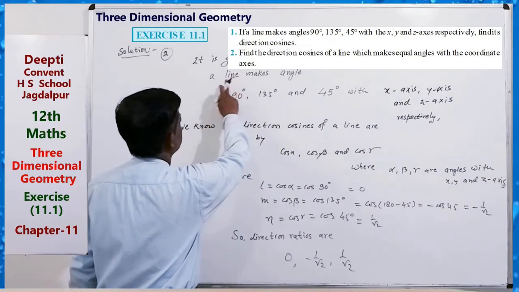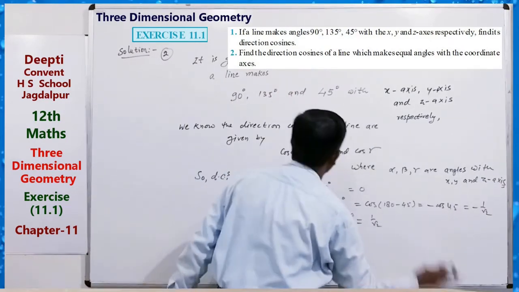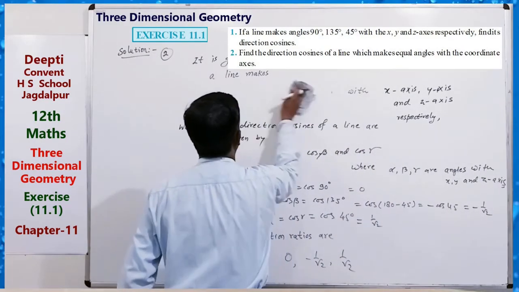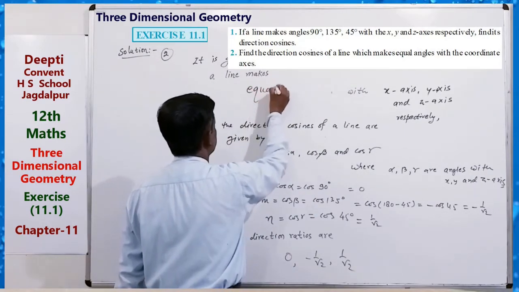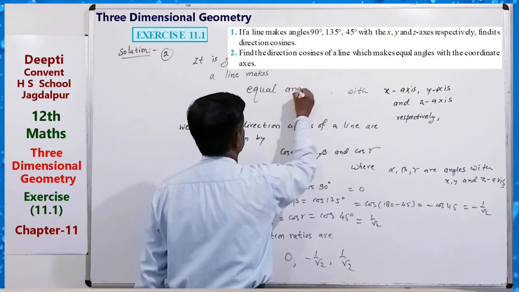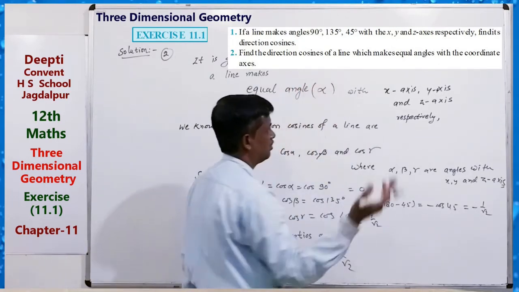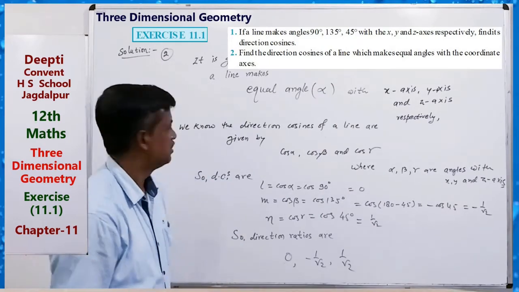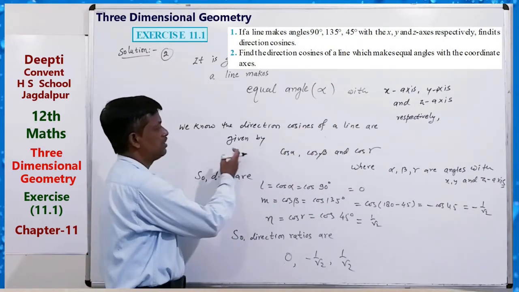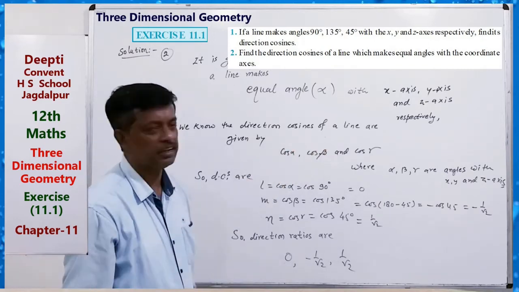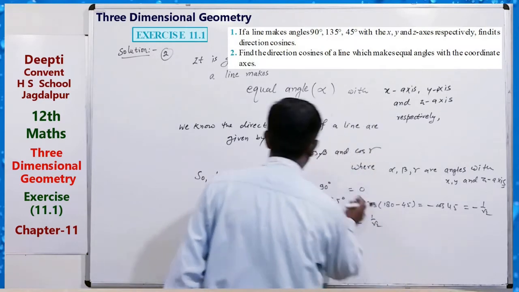It is given that the line makes equal angles, say alpha, with x axis, y axis, z axis. And we know that the direction cosines of a line are given by this, where alpha, beta, gamma are the angles. Here alpha, beta, gamma are equal.